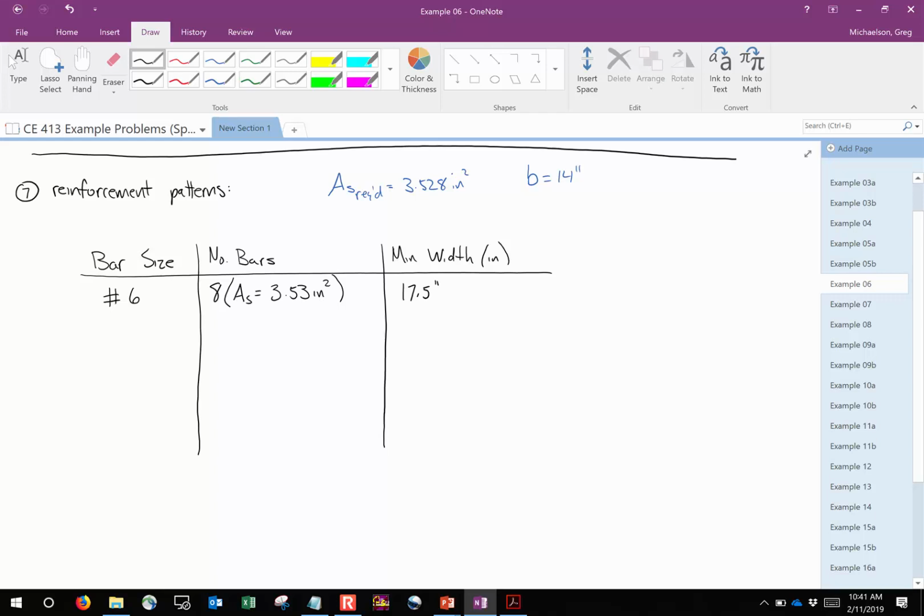We can't use it because we don't have enough room in the beam to put 8 bars in it, okay? So I'm going to say this option is no good. As much as I'd like to use it, we don't have the room, okay? Everybody see that?